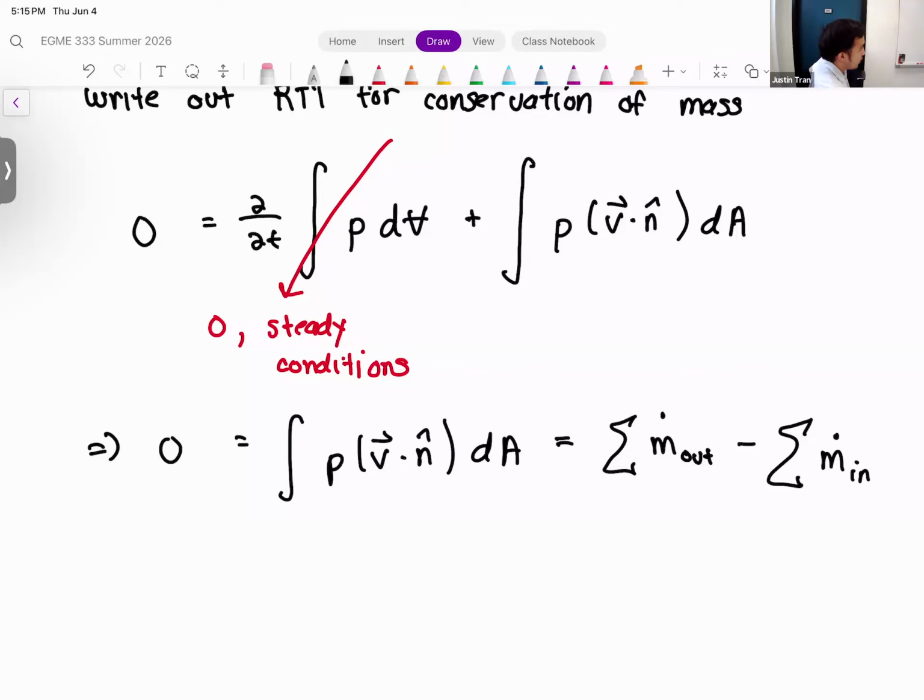In this case, we only have a single inlet and a single outlet, so let's replace those expressions.